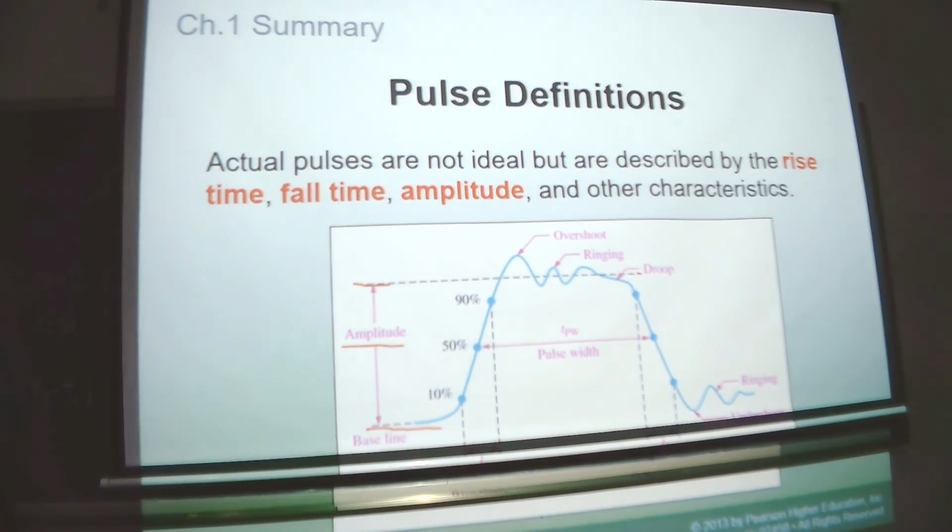The mean value of the high value is called the amplitude. The lowest value is the baseline.